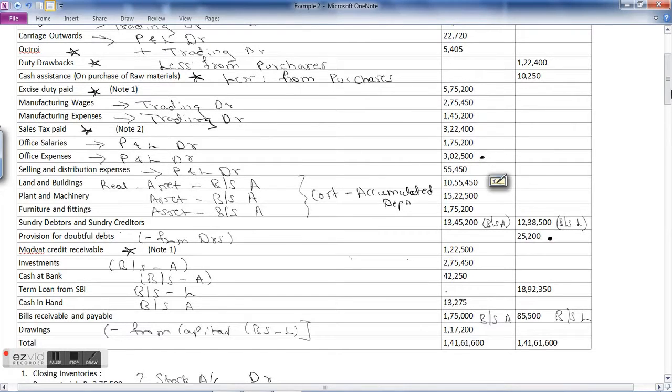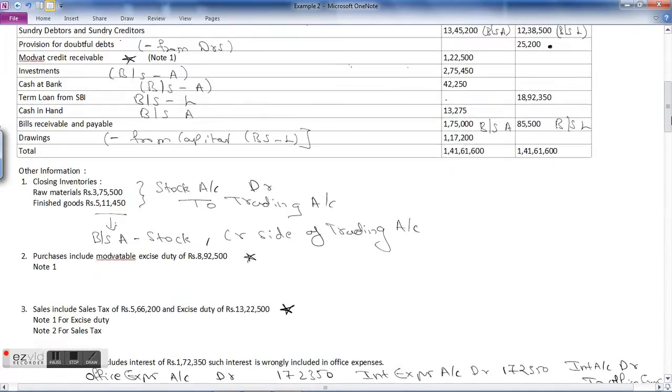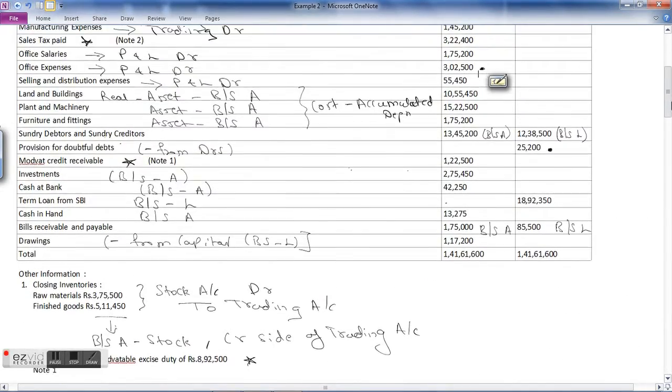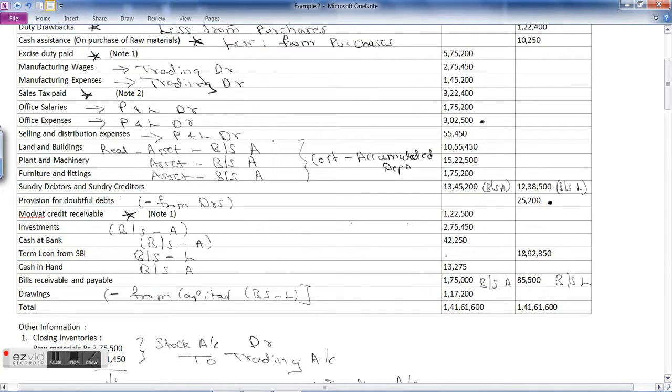Okay, then next is bad debts. So bad debts will affect P&L, debit side, bad debts and balance sheet debtors. So I'll mark 1 and sundry debtors, balance sheet. Debtors.